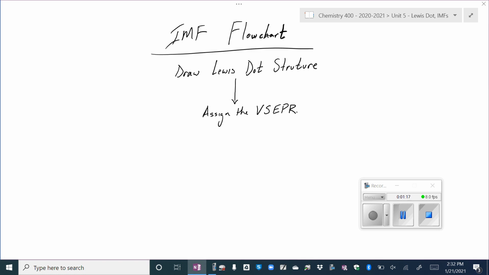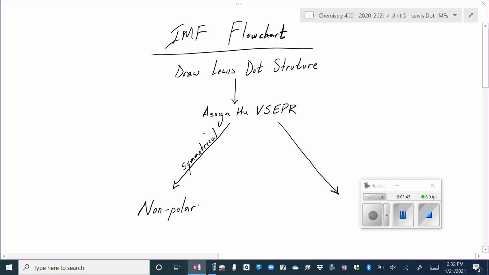Once you look at the VSEPR chart and assign the VSEPR geometry, then you have to decide: is it symmetrical or is it not symmetrical? If it is symmetrical, that means that molecule is nonpolar.